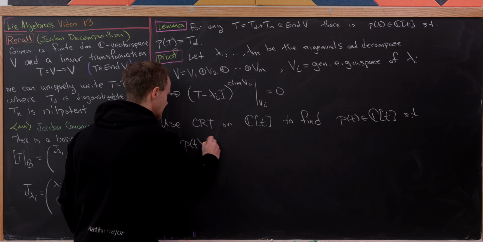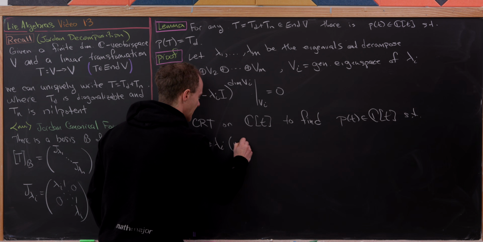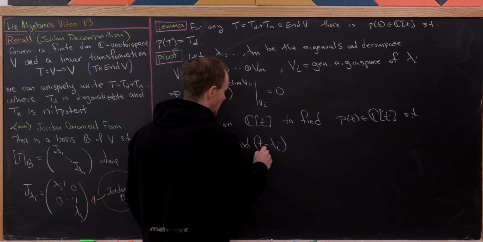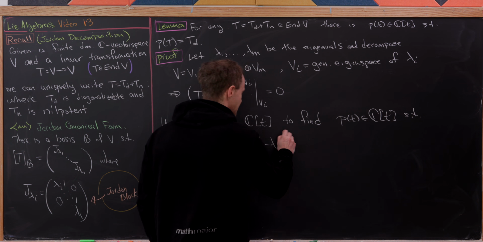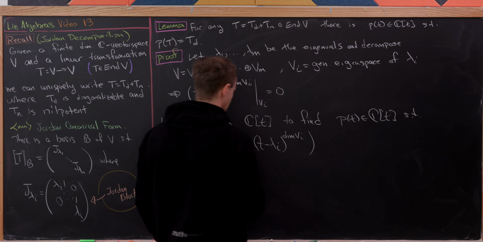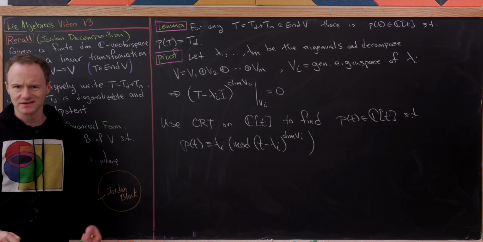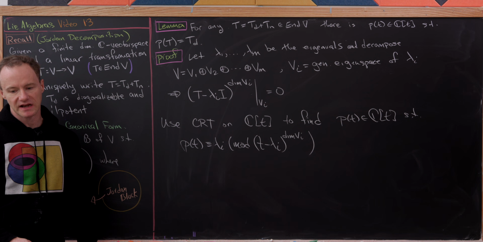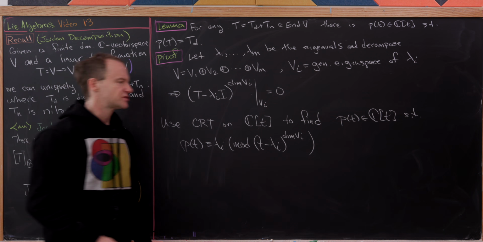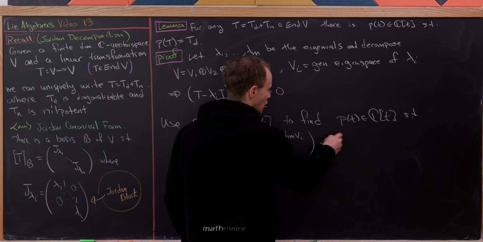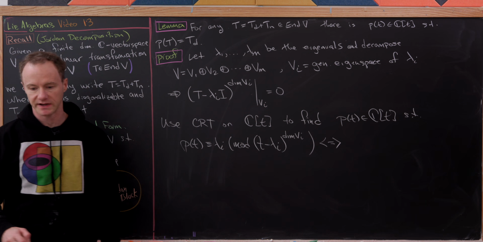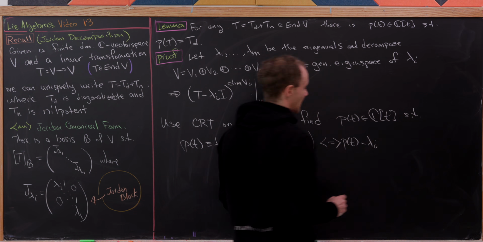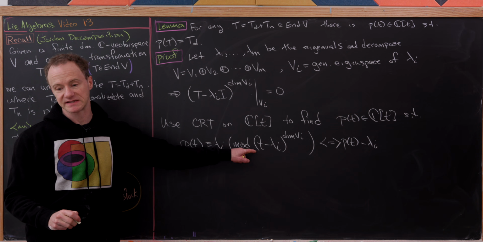such that p of t is congruent to lambda I modulo t minus lambda I to the power dimension of Vi. When I say mod that, it looks like I'm saying mod a polynomial, but really it's mod an ideal generated by that polynomial. This is equivalent to saying that p of t minus lambda I is an element of this ideal.